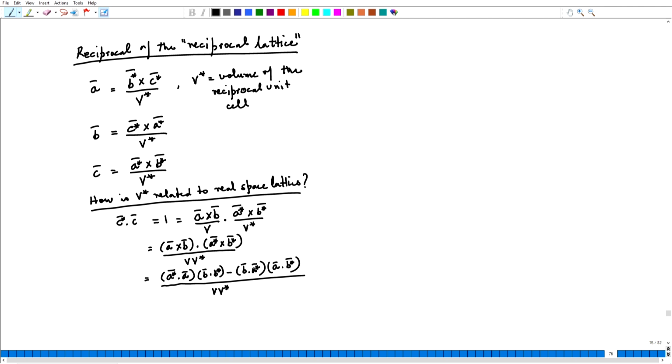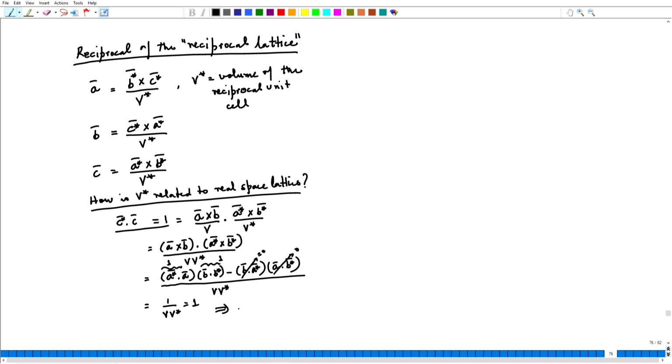Very clearly, this is 0, in fact, this is also 0. So, this term is 0. These two terms, this is 1 and this is also 1, which means that this is 1 upon V star, but 1 upon V star is 1 coming from here.